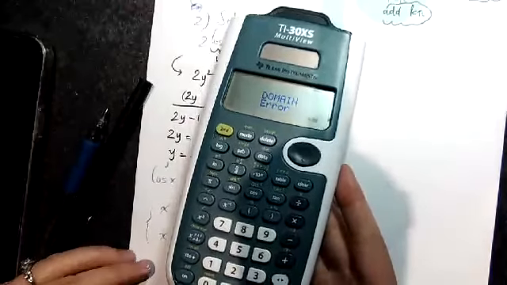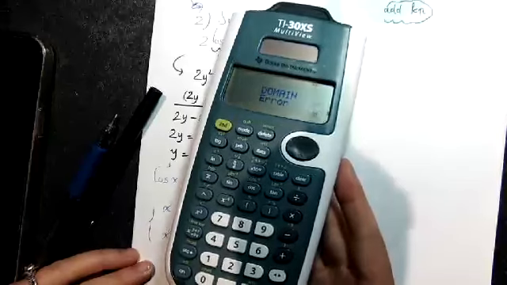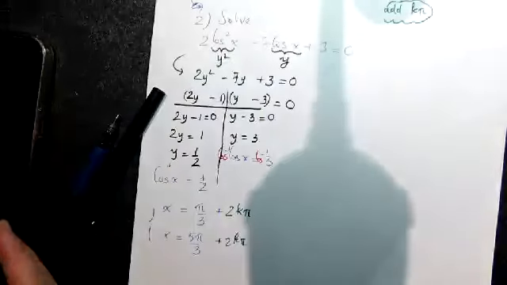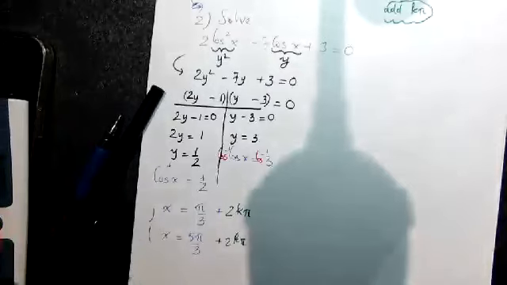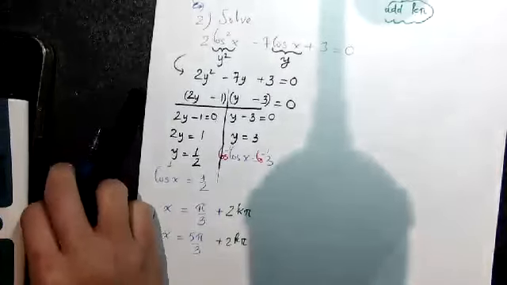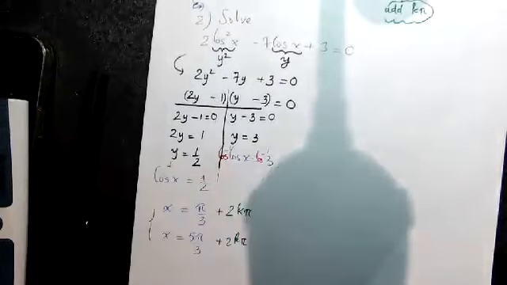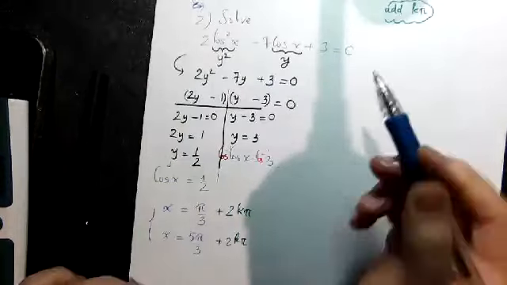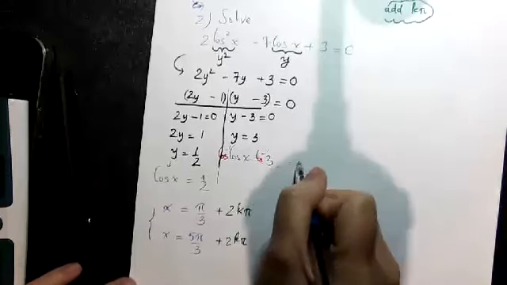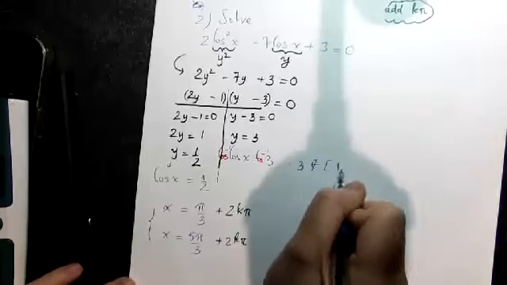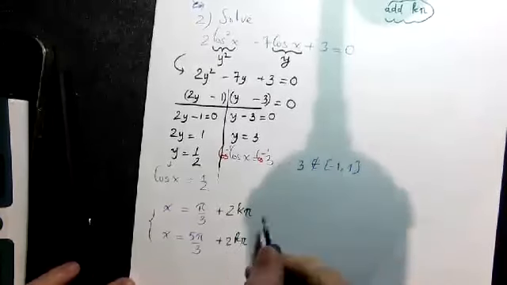Remember why that happens? The cosine has to be between -1 and 1, and 3 is way out there. So no solution here.